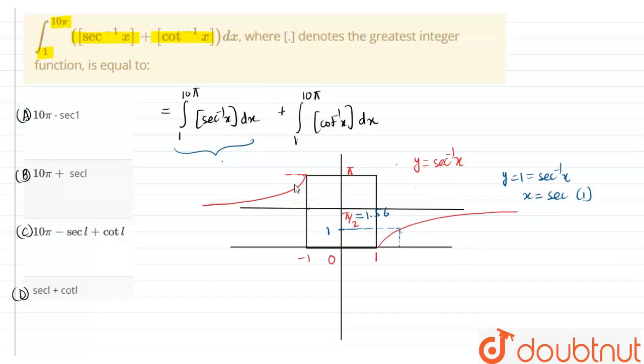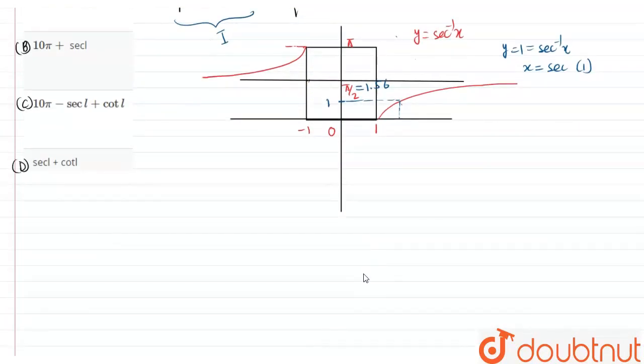Now the first integral, which is this one. So the first part. Alright. So we have to break the limits, right? So we'll break the limits from 1 to sec 1, and from sec 1 to 10 pi. And in that part, as you can see, the integral part will be 0, so we write here 0.